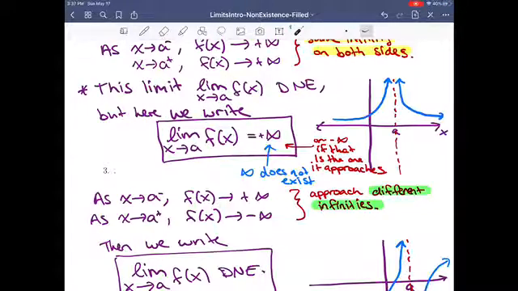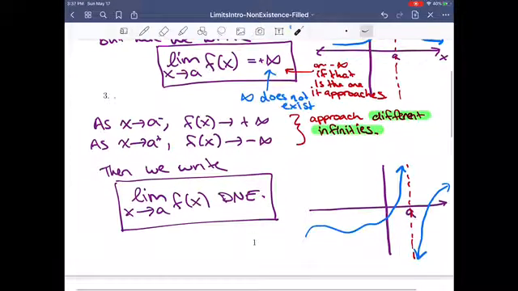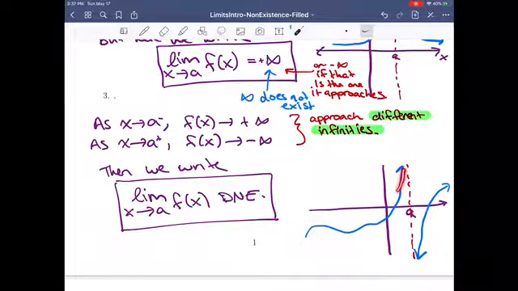So that's why it's an example of a limit that doesn't exist, but we write it just saying which infinity they both go to. On either side, you're going towards positive infinity. On the next one, you'd have to talk about the left and right limits explicitly if you wanted to say which infinity it goes to, because they're going to different infinities. So that makes it different.